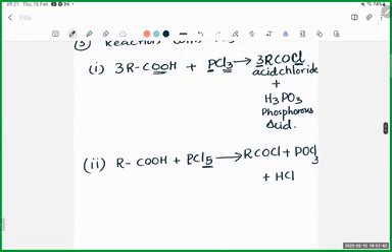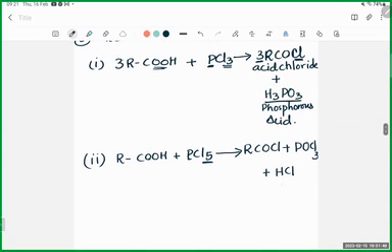Okay, so you need to compare and prepare this, because here you get only phosphorus acid as the byproduct, but here you are getting hydrochloric acid along with it. Always you get the hydrochloric acid over here. So along with hydrochloric acid we are getting the compound phosphorus oxytrichloride. What do you call this? Phosphorus oxytrichloride. Let me write the name.